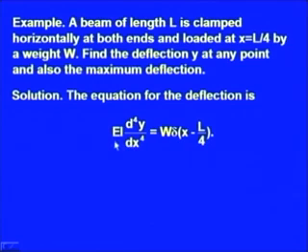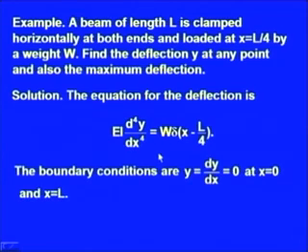So, as we have seen, the equation for the deflection of the beam is given by EI d⁴y/dx⁴, and this is a point load W. So, we write the right hand side as W times delta(x minus L/4), it is applied at the point L by 4. The boundary conditions are, because the ends of the beam are clamped, y and dy/dx both are 0 at the ends x equal to 0 and x equal to L.